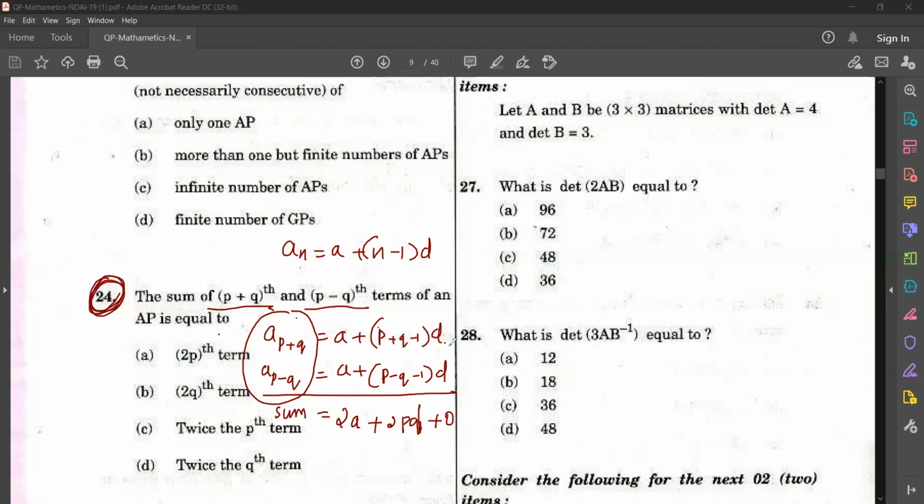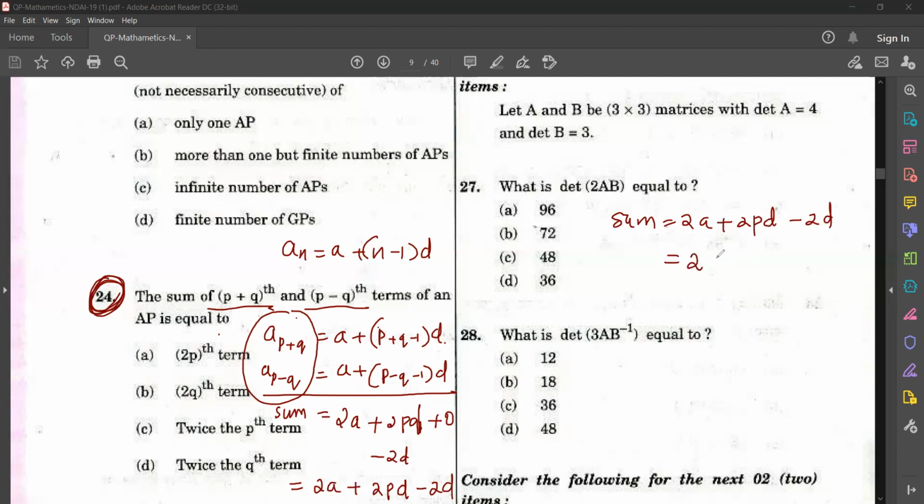Then minus d minus d, that is minus 2d. Okay. So I have 2a plus 2pd minus 2d. So now I am having sum is equal to 2a plus, remaining I am writing here, 2pd minus 2d.